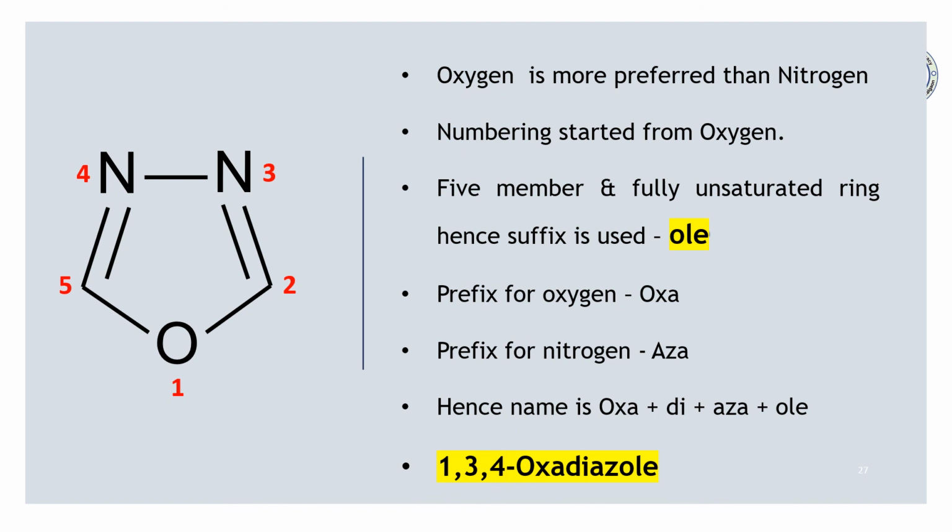Oxa for oxygen, diaza for 2 nitrogens and OLE for the 5-membered fully unsaturated ring. That's why 1,3,4-oxadiazole. Okay, I repeat once again: 1 for oxygen, 3 and 4 for nitrogens. That's why we use diaza, and OLE indicates a 5-membered fully unsaturated ring.